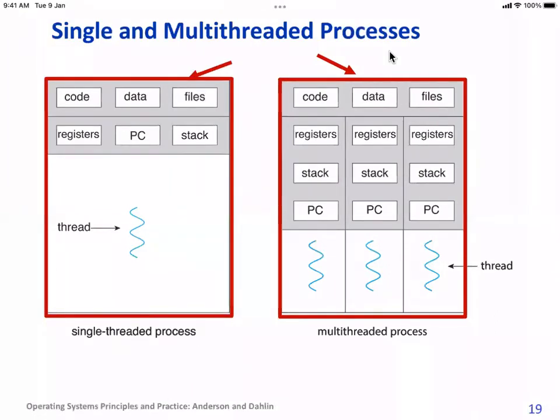And a process of course will have a code part, then data, mainly static data, and files. The state of a process at any point in time is determined by its registers and the value of the stack, etc., right?